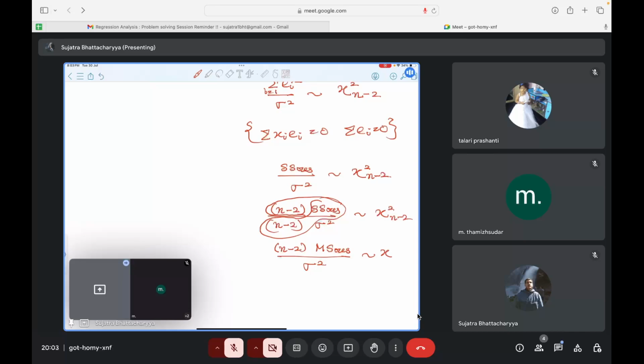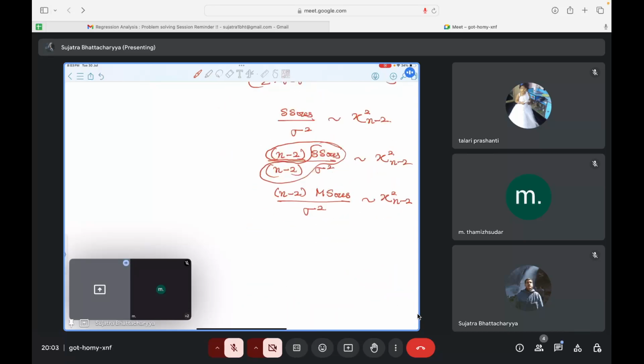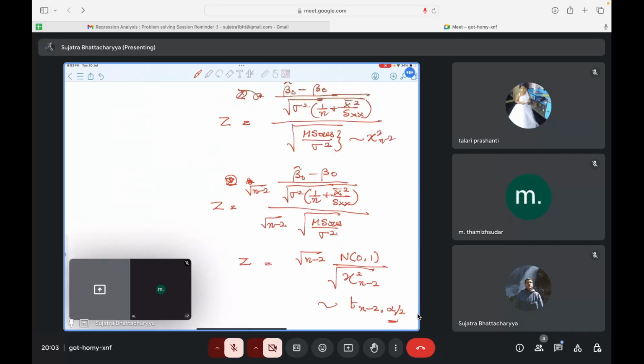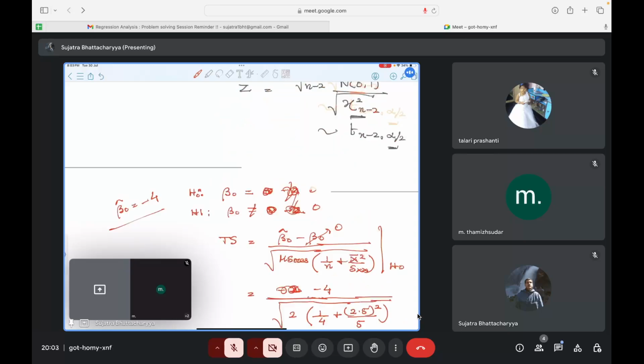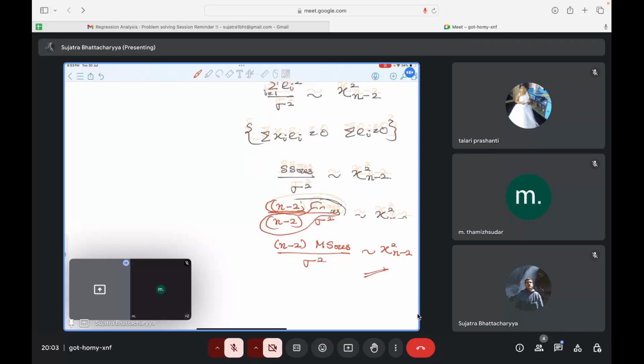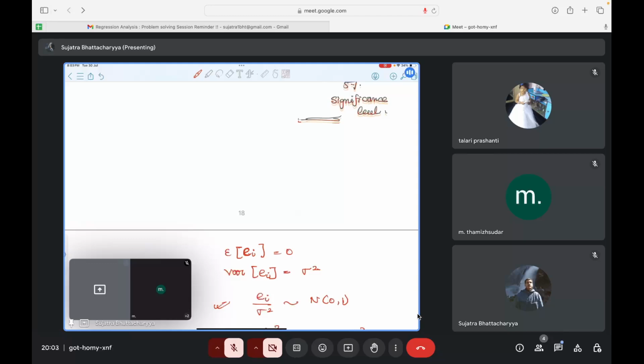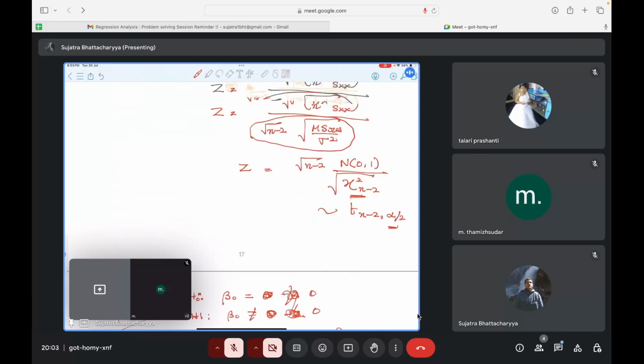This is chi square n minus 2. Okay. So just from here it comes. So if you now look into here, see this root of MS residual by sigma square, this is nothing but root over chi square n minus 2. That's all. So this is what you are getting. You are actually getting the root of this. Fine. So with this, I think I should end up here.